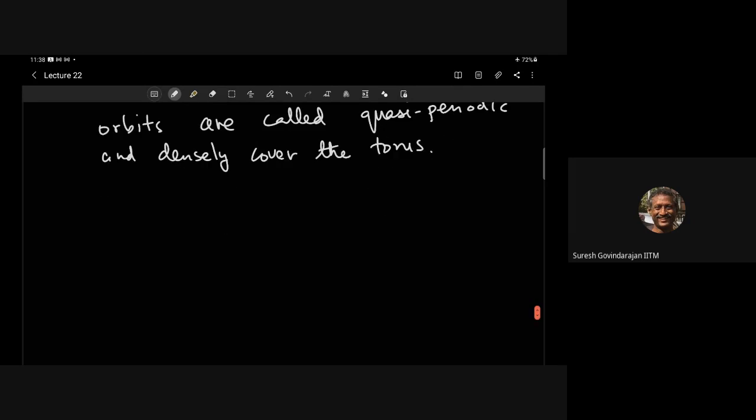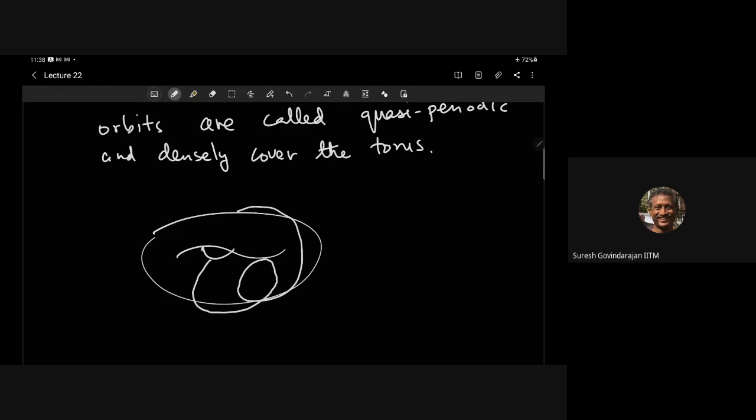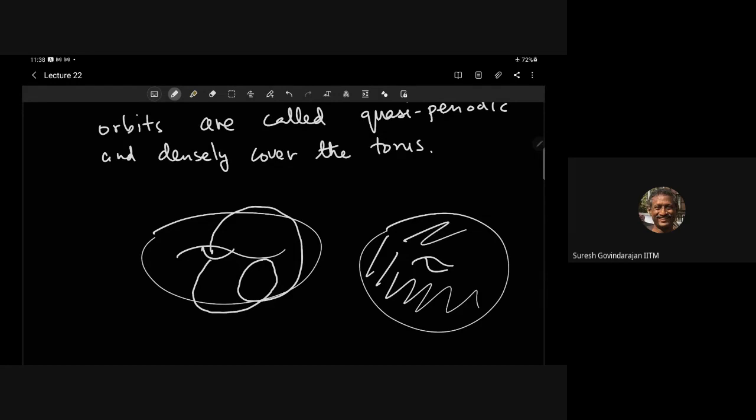A classic example: suppose we have a periodic case, you will find the orbit will go like this. Let's say it goes around once and then comes back. That's it. What the quasi-periodic orbit will do is that after some time, the orbit will fill the whole thing. I can't even draw it. This is periodic. This is quasi-periodic.